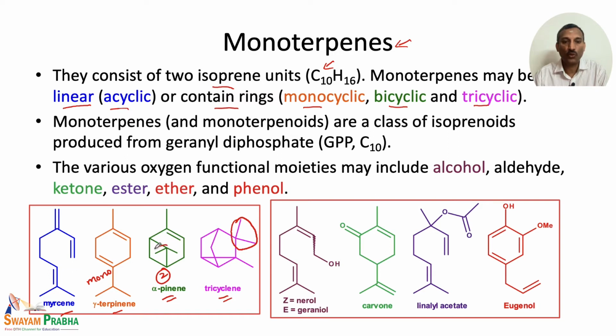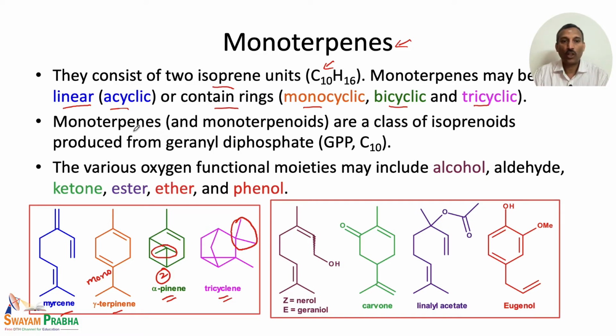So, in alpha pinene, we have a gem dialkyl unit which gives stability. Similarly, for tricyclene, this gem dialkyl group gives stability to this ring. This is how we can explain the stability of these compounds based on the gem dialkyl rule, and the monoterpenes basically have 4 different structures.